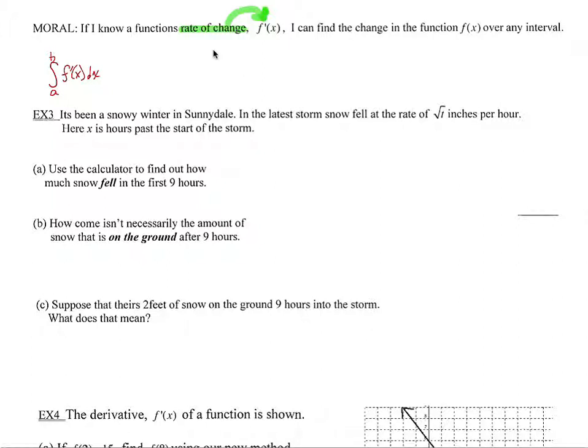So it's a different way of describing what the fundamental theorem of calculus is doing. So here I know the derivative of a function, and that allows me to figure out how much the function is changing over a particular interval.